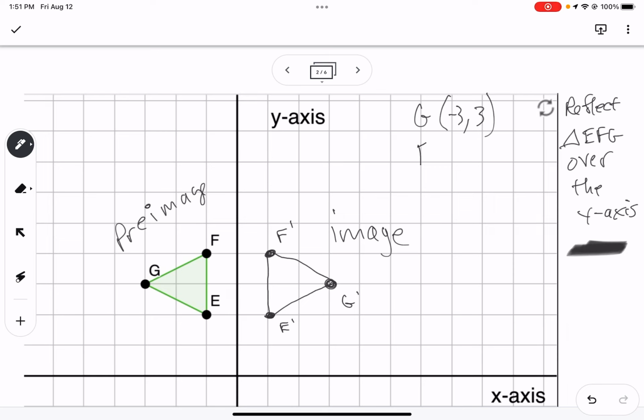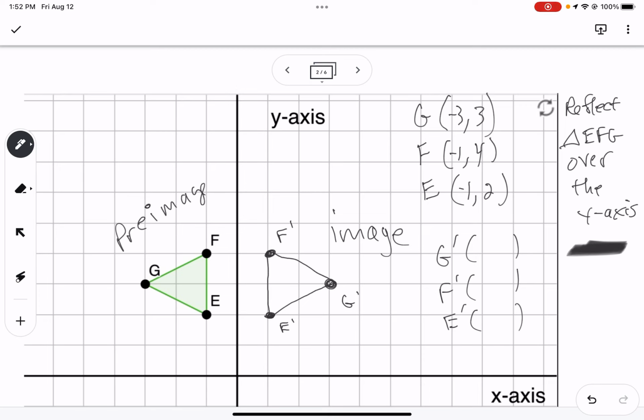E and F: F is at -1, comma, 4, and E is at -1, comma, 2. Let's see what happened with the primes and see if we notice any pattern, because then you can write a rule and then you know every time you reflect over the y-axis what you have to do.